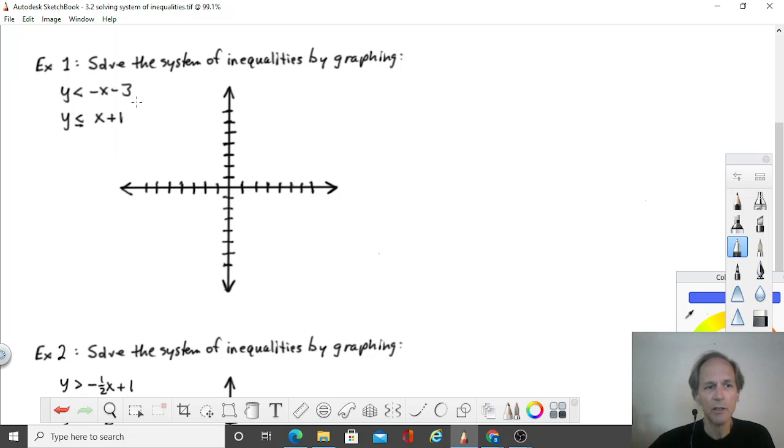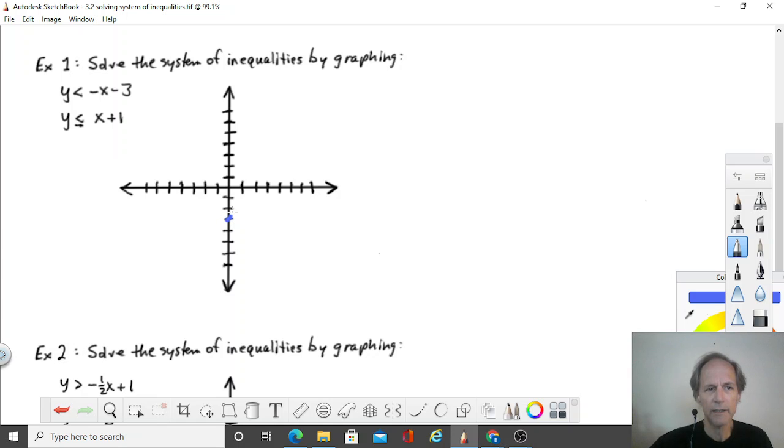For the first one, it's less than, so we're going to use a dashed line to graph this. We'll graph the equation y equals negative x minus 3. That's what we'll graph, but it'll be a dashed line. This is slope-intercept form, so we have negative 3 as the intercept.